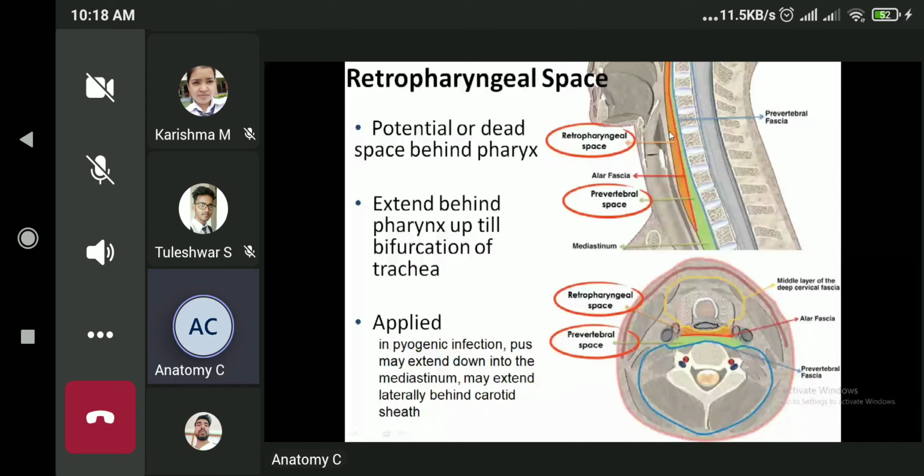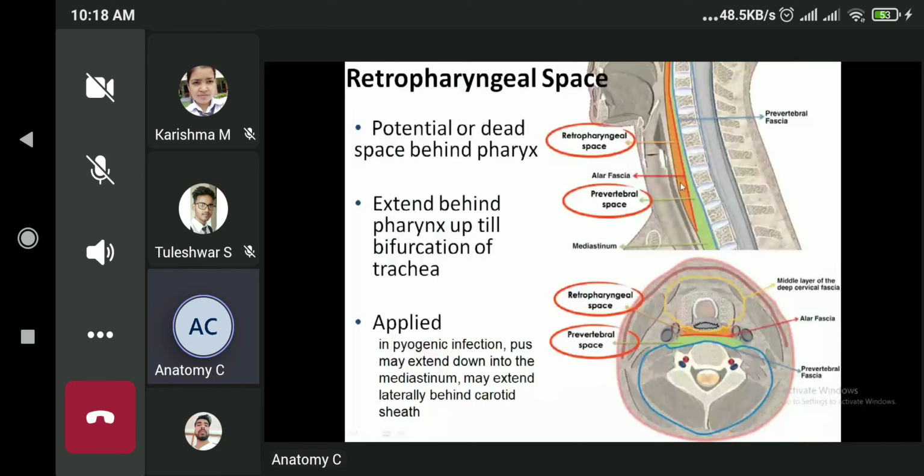This red line is representing the anterior lamina or alar fascia of the prevertebral layer, and this one is the posterior lamina, which is the prevertebral fascia itself. We have talked about the prevertebral fascia, which splits to form the alar lamina and the prevertebral fascia. So just in front of the alar lamina and just behind the pharynx or buccopharyngeal fascia, this space is known as the retropharyngeal space.